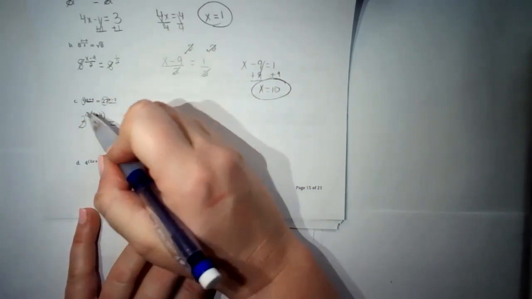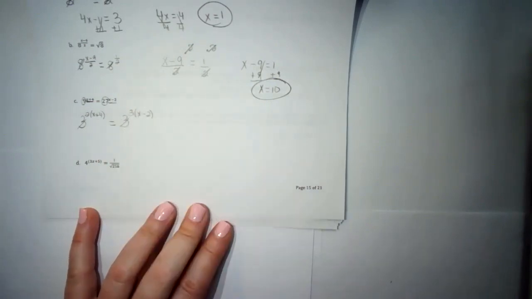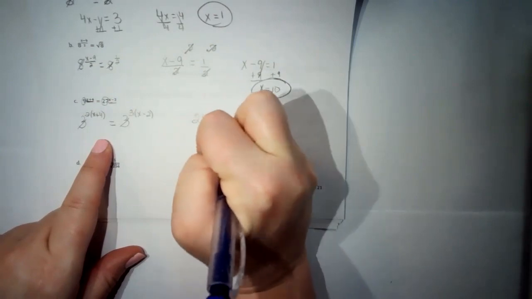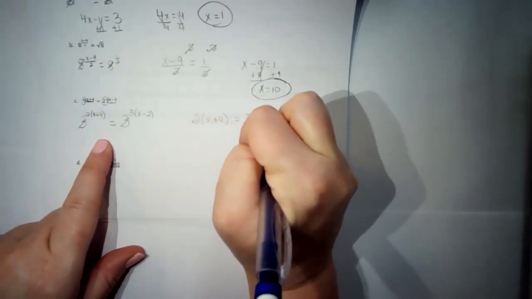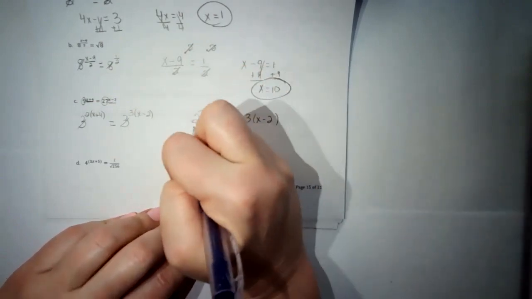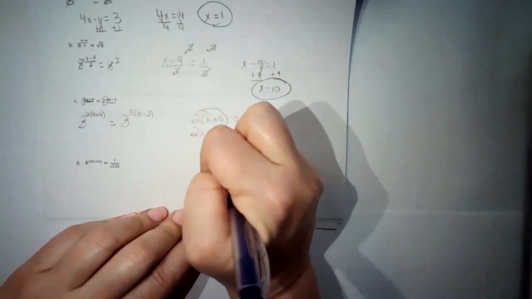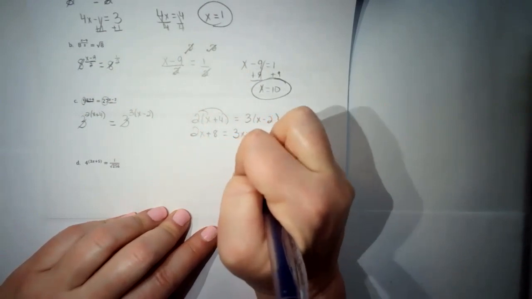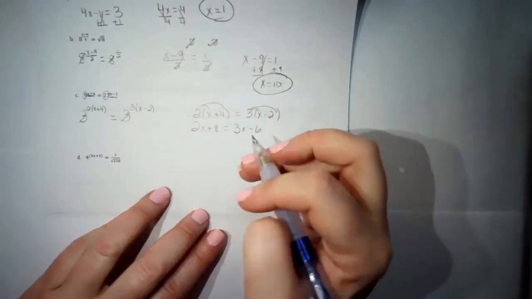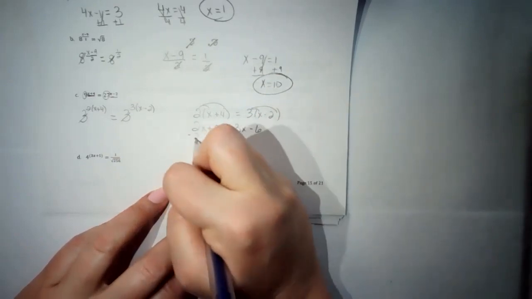Okay, now we're going to cancel our bases and rewrite our exponents, and we're going to distribute and solve. So we're going to get 2x plus 8 equals 3x minus 6. Then we just clean it up.